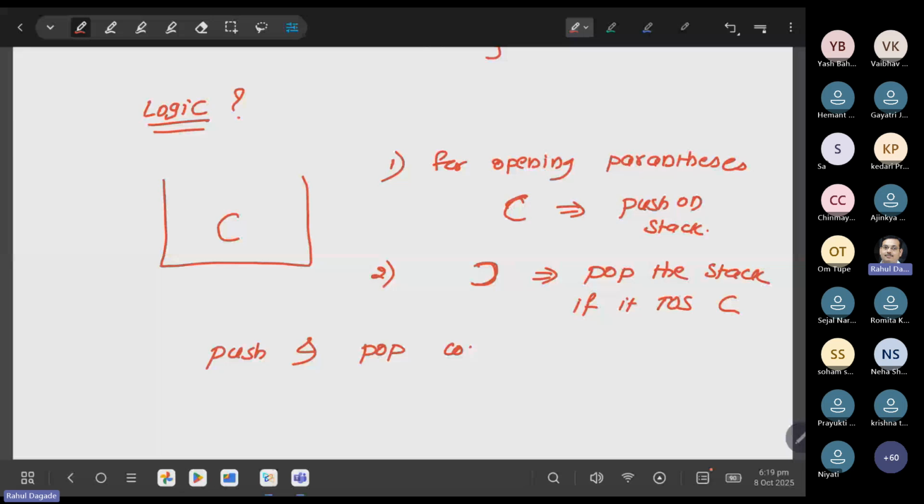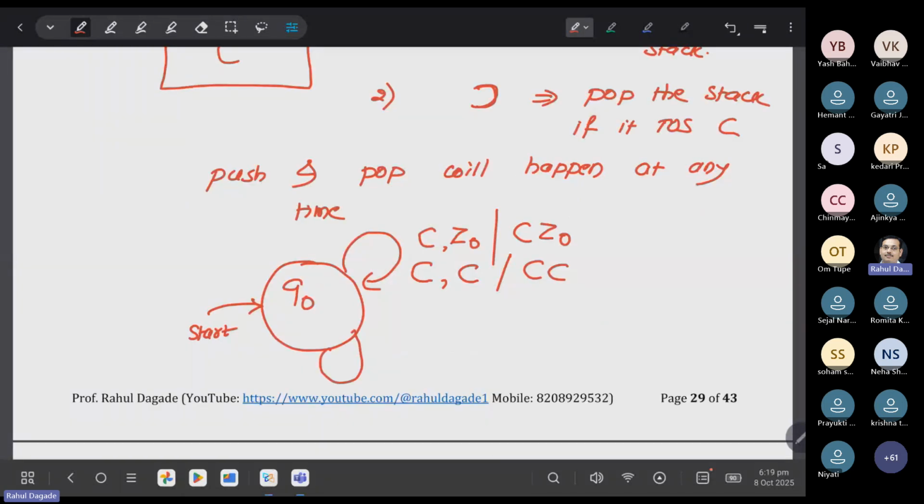When you have an opening parenthesis with an opening parenthesis on top of the stack, then also you push that opening parenthesis on the stack. Now, when you get a closing parenthesis, and you have an opening parenthesis on the stack, then pop it, in the same state.